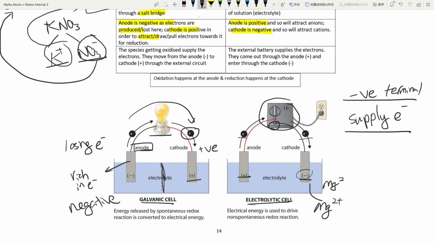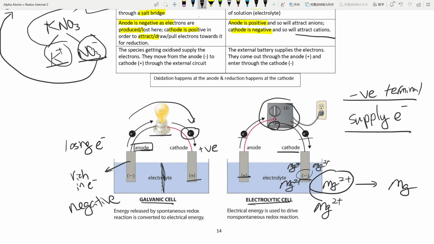The Mg2+ is going to be reduced to form Mg, and the cathode is going to attract all of these positive ions. So all of these positive ions are going to surround this negative electrode.